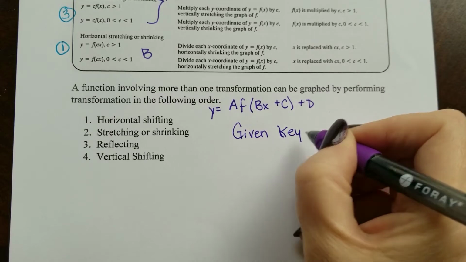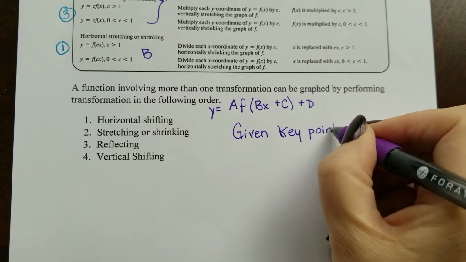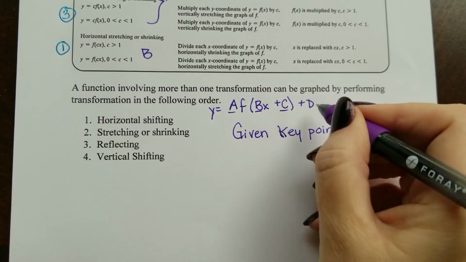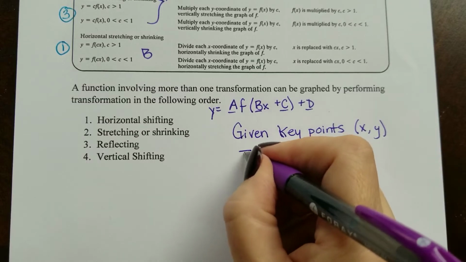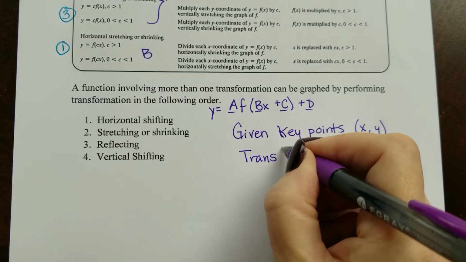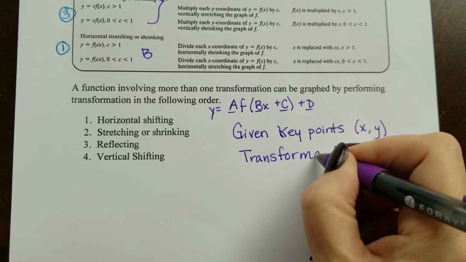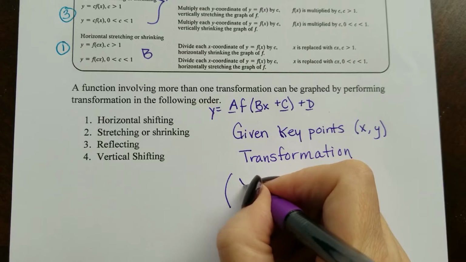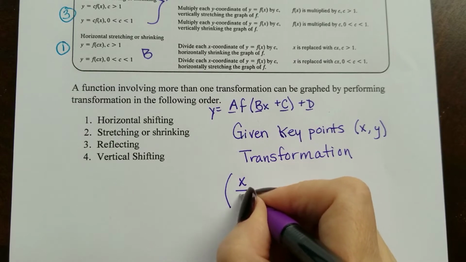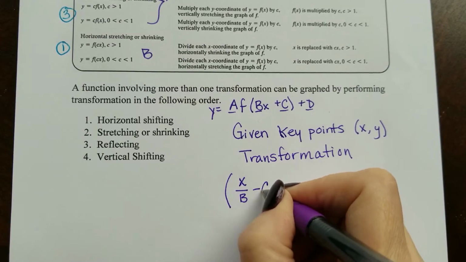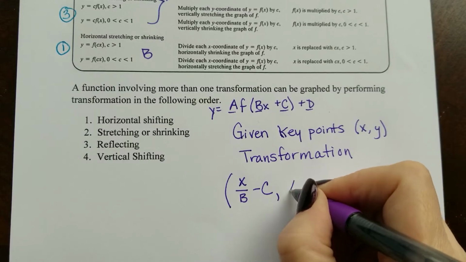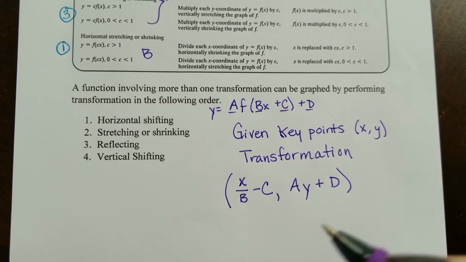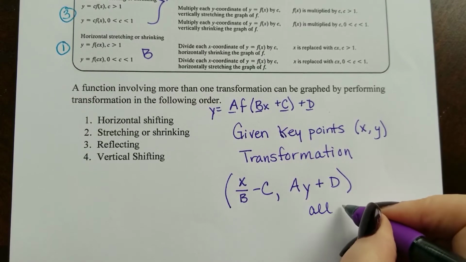If we're given some key points of our parent function, and those will be given in x and y, and we have a, b, c, and d that are going to do the transformations, what we'll do for the x is we're going to take that x value, divide it by b, and then subtract c. And the y value we'll multiply by a, and then we'll add d. And that will give us all the transformations at once.